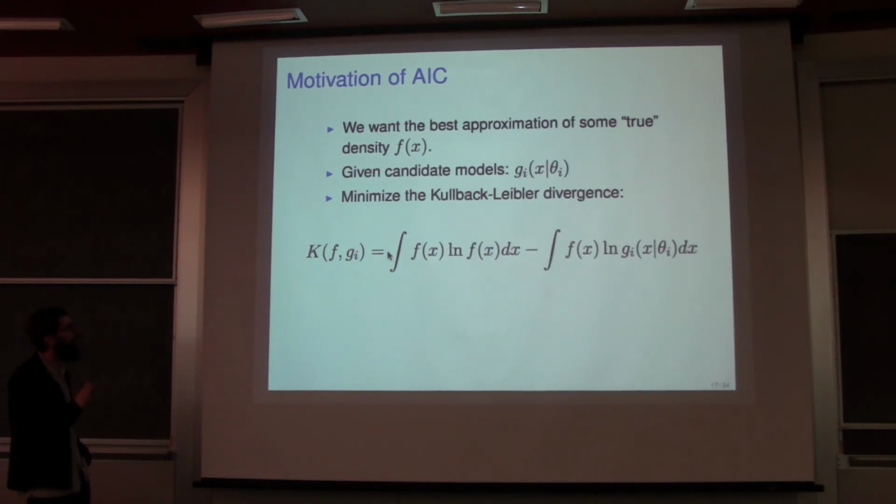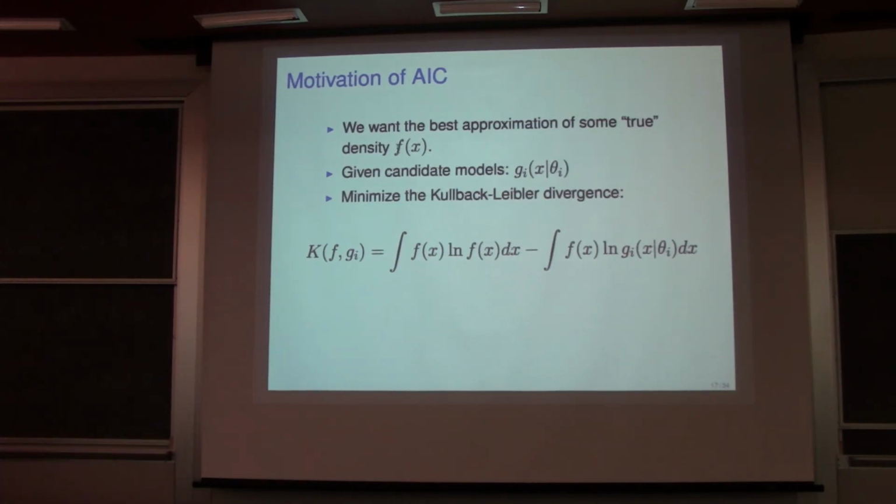So what we're doing when we are doing AIC is that our data is coming from some unknown density f of x. So assume x is a random variable that our data is coming from. I guess I should have called this y. It's really the y in the linear regression case. But anyway, this is the random variable we're interested in. We don't know this true density f of x.